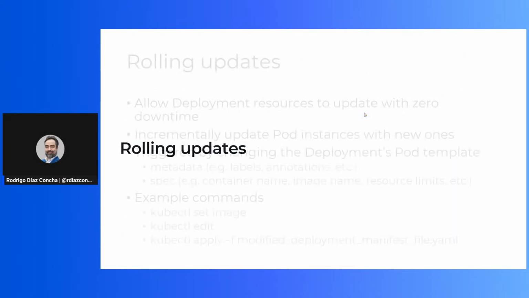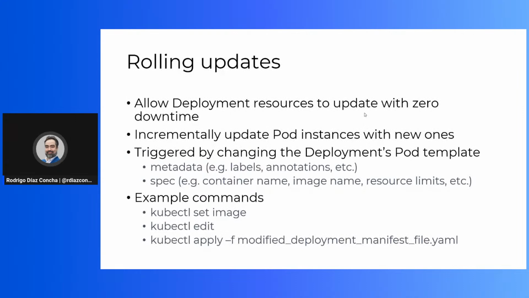Cool. So I mentioned before rolling updates, for updating your deployments, right? You can also change some things about the deployment by using kubectl, such as if you want to set the image, or you can edit the manifest directly, or you can change your manifest and then execute kubectl apply -f again.